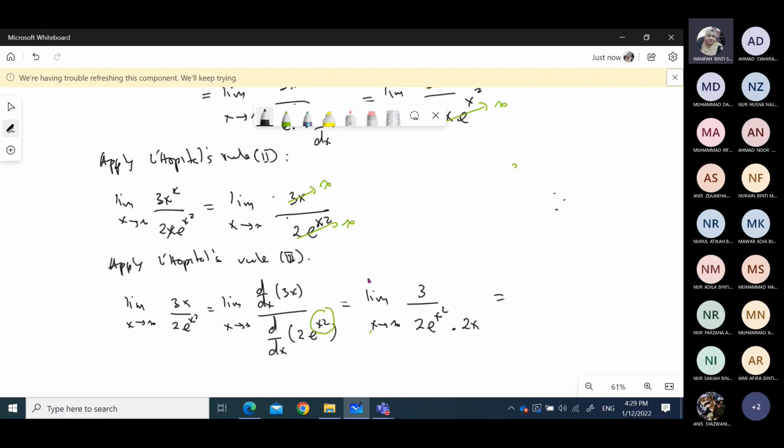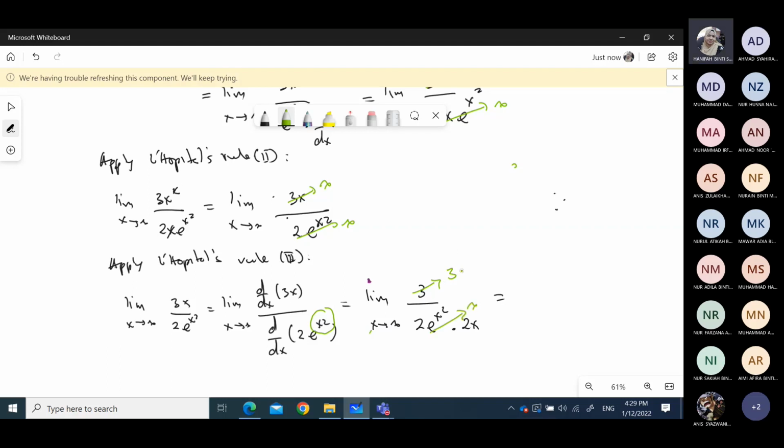So find the limit. As x approaches infinity, the numerator is 3, a constant. For the denominator, 2 exponent x squared times 2x, as x approaches infinity, we have infinity.